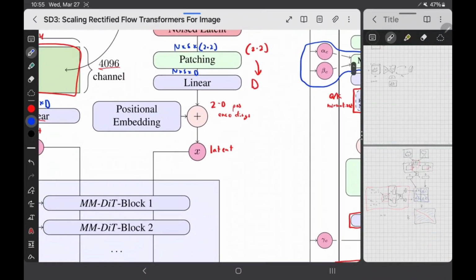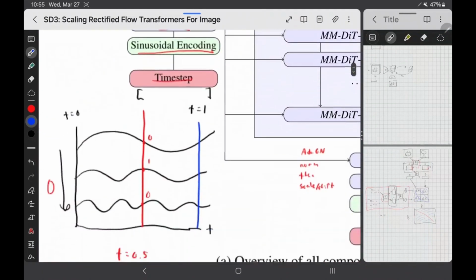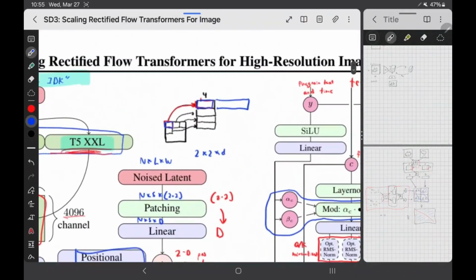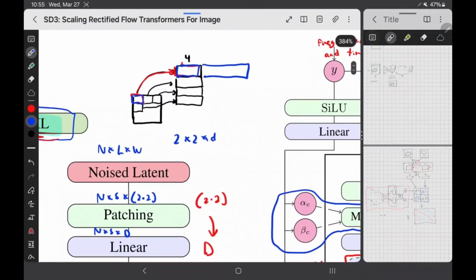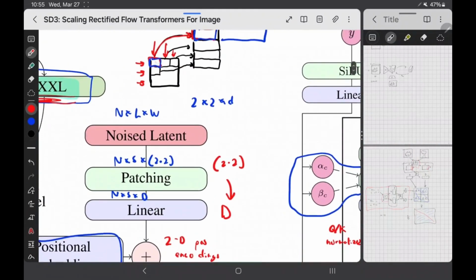You then send this through a positional embedding layer, and that is just this here, except you sample unique sinusoids for each position in the image, and you can do that in a 2D way so that you get 2D information. And you just add that to the patches directly.